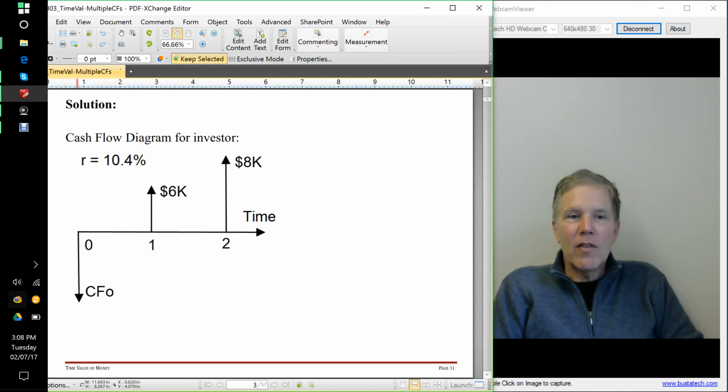As always with cash flow diagrams, time is on the x-axis, and the first cash flow at t equals 0 for the bond purchaser would be the amount they pay to purchase the bond. The bond contract says whoever is holding this bond in 1 year is going to be issued $6,000, and in 2 years, $8,000, and then the contract is over, so no more cash flows.